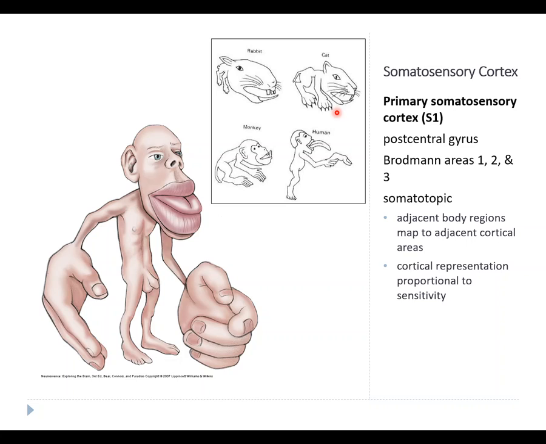So there's a lot of variation, and the variation probably reflects how we use those parts of the body. So monkeys, for example, they use both their hands and their feet to climb. So that's probably the reason why their front and back hands or feet both have the same degree of representation, because they sort of use them in the same way. Rabbits, meanwhile, they don't really use their feet so much as sensory organs.